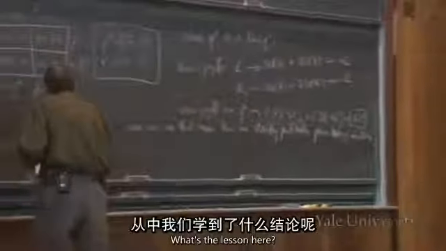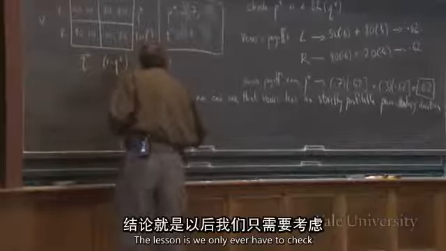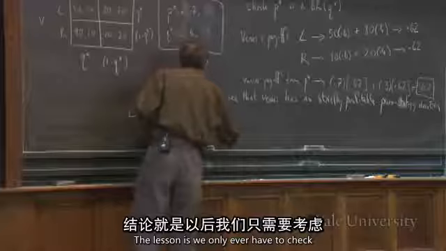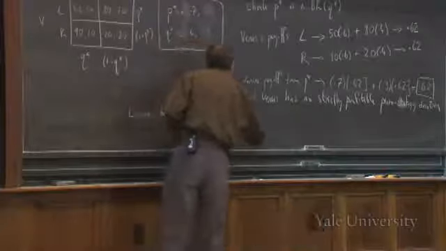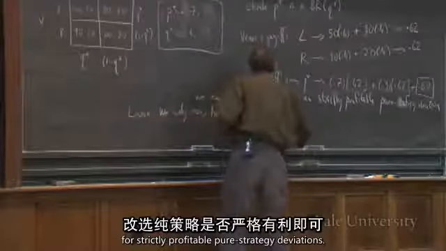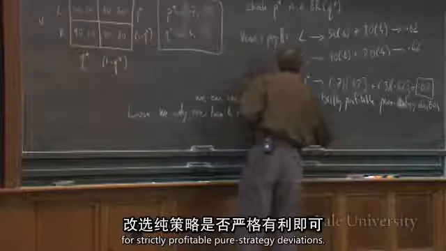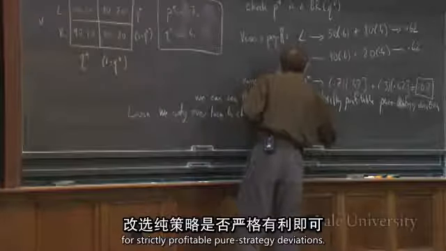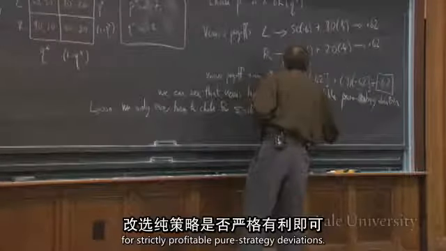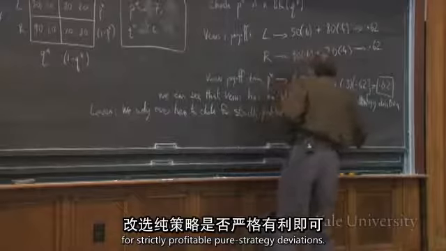What's the lesson here? The lesson is we only ever have to check for strictly profitable pure strategy deviations.